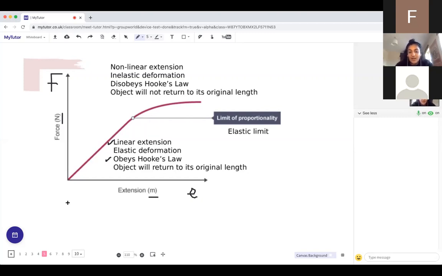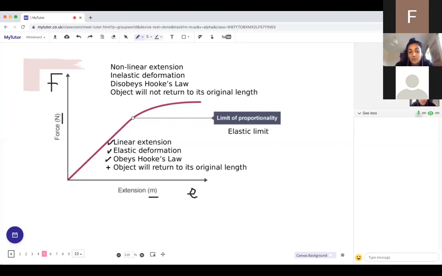Now, elastic deformation happens in this straight line graph. Remember, elastic deformation is when you apply a force, it changes shape, you remove the force, and it goes back to its original shape. So elastic deformation happens in the straight line region of the graph.